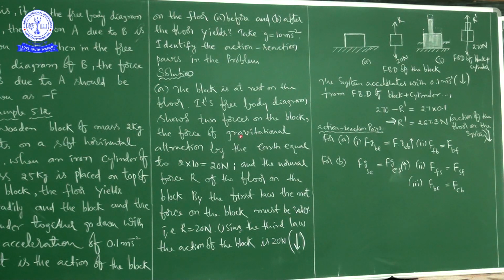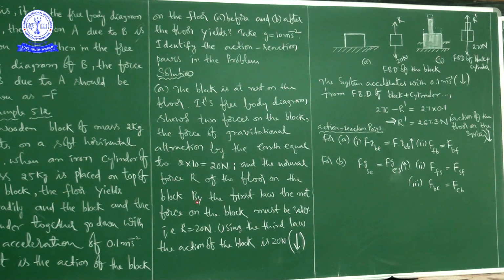See this. I will repeat again. The block is at rest on the floor. Next, its free body diagram shows 2 forces on the block. Next, the force of gravitational attraction by the earth is equal to m into g. So, 2 into 10, that is equal to 20 newtons, and the normal force R, capital R, is the letter we use to represent normal force.